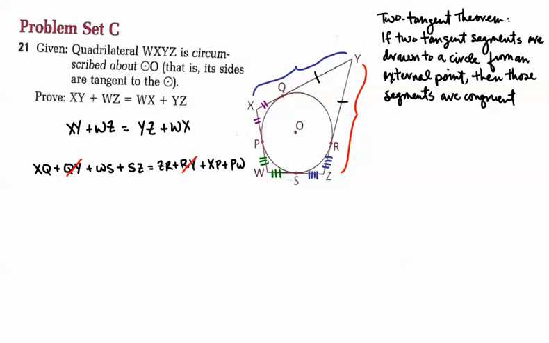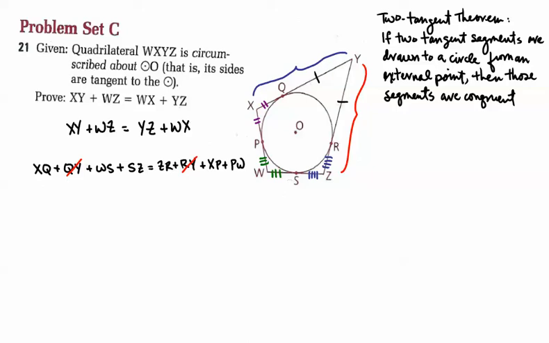Next, XQ. Now we can't tell that XQ is congruent to RZ in and of itself. However, we do know that XQ is congruent to XP, which happens to be part of the segment WX that's on the right side of the equation.